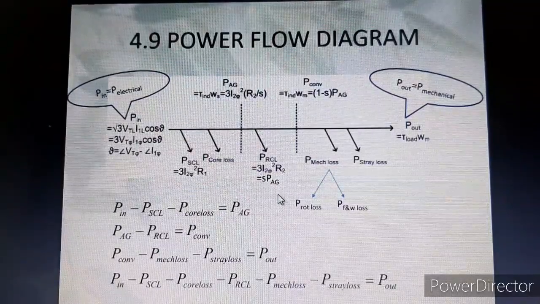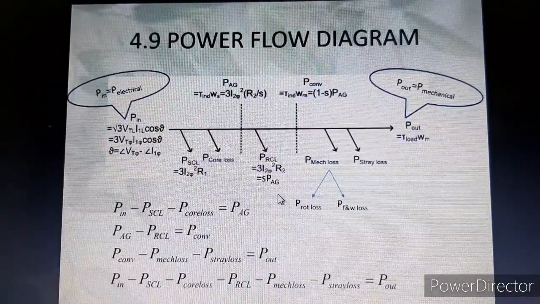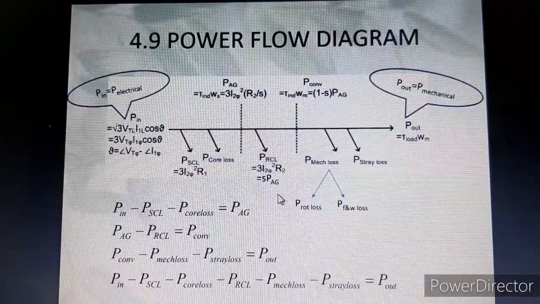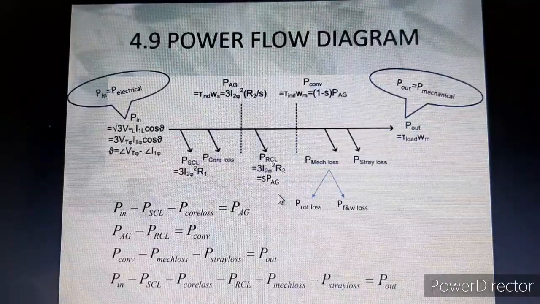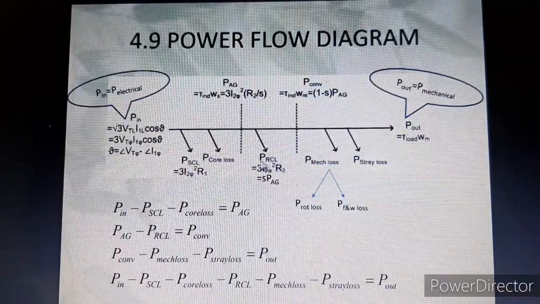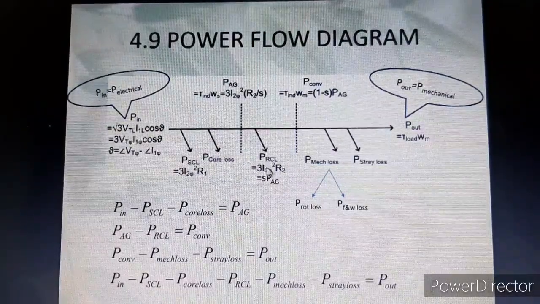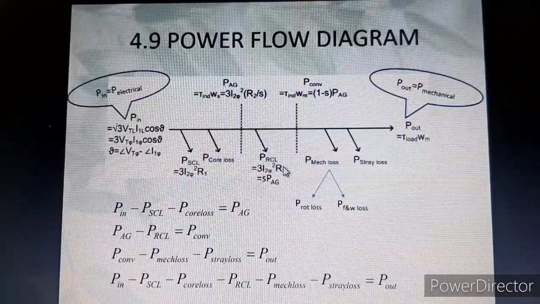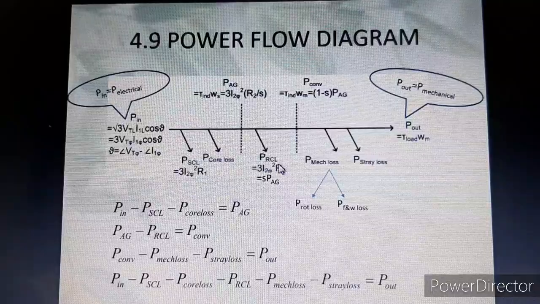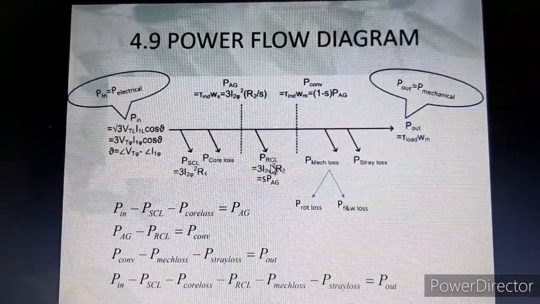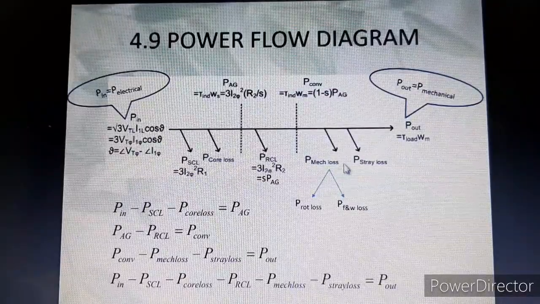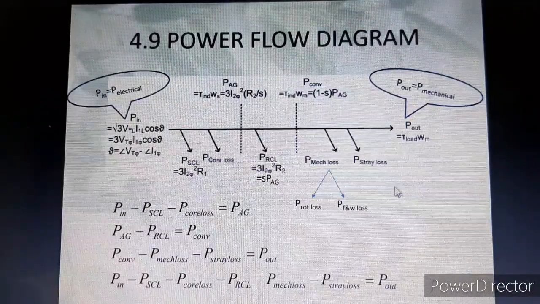Don't worry, the full name of each loss is stated in the next slide. PRCL stands for rotor copper loss, the losses due to heating on the rotor at R2. Then we have mechanical loss and stray loss at the end.